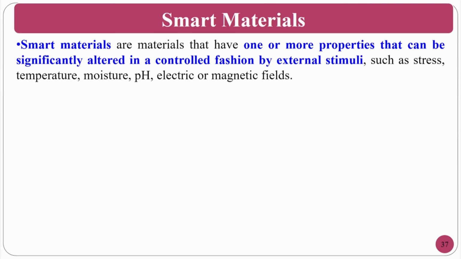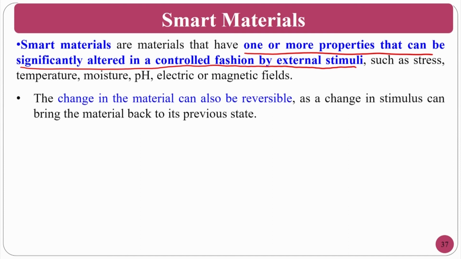Smart materials are materials that have one or more properties that can be significantly altered in a controlled fashion by external stimuli. That is, whenever you give a certain external stimulus like temperature, it will change its major properties. The change in the material can also be reversible. It can go from martensite to austenite phase, and austenite to martensite phase.